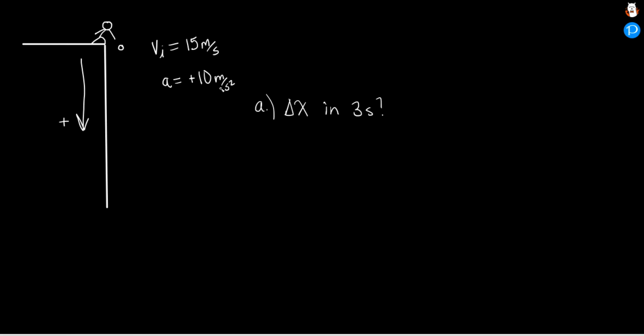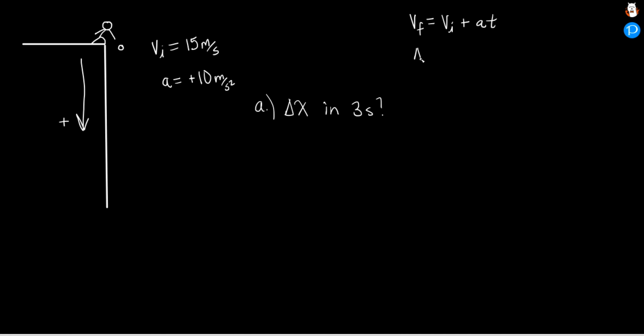So jumping back over here, let's see if we can figure out how far the rock goes in 3 seconds. We're going to have to bring back some of our kinematic equations here, so I'm going to rewrite those up here. The first one, final velocity is equal to initial velocity plus the acceleration times time.